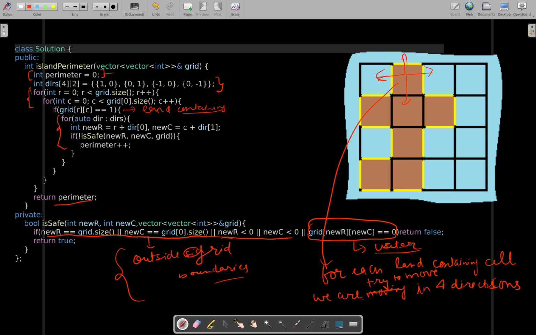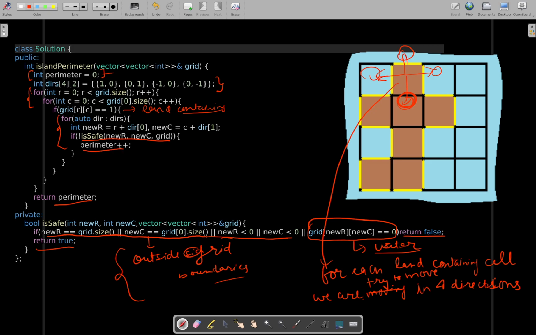If either of these two things comes to be true, then you will return false, otherwise you will say it's safe to move to the next cell in that direction. For example, here is safe will return true, and in all these three it will return false. So if is safe is returning false, it means that those sides can contribute towards your perimeter.